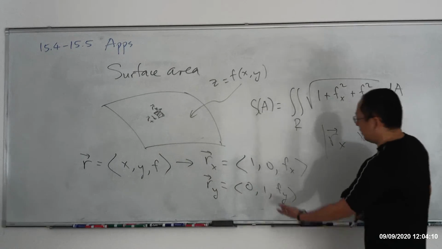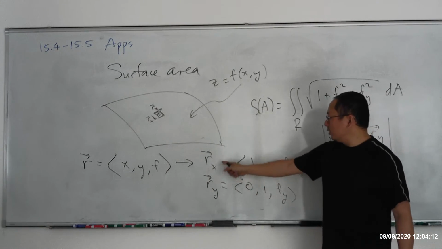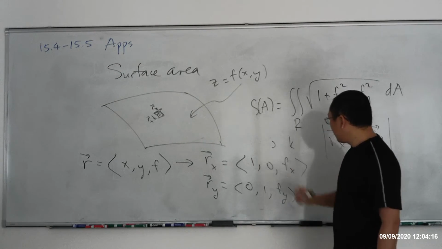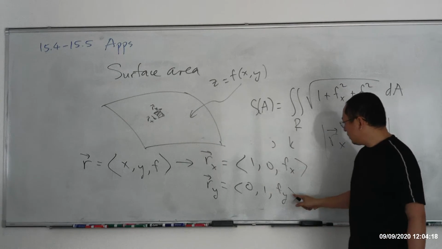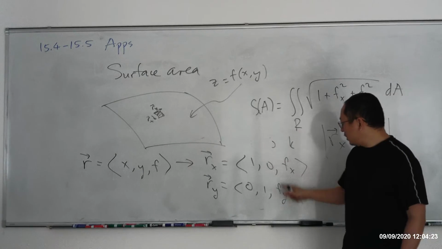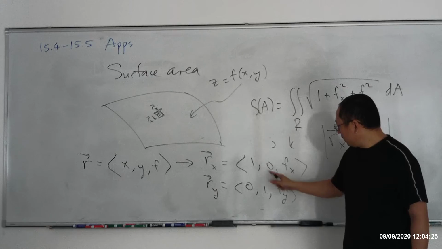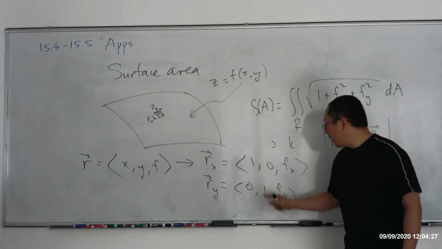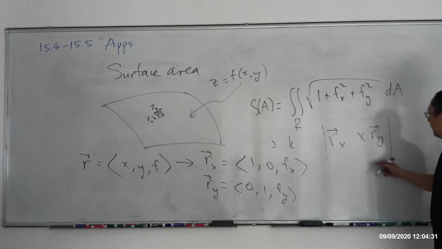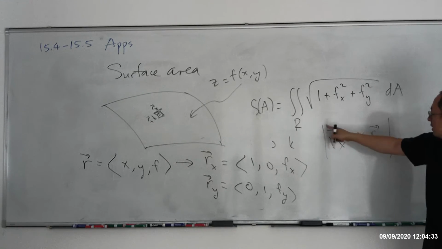Okay. So what we're going to do right here, we do the cross product too. So what? i, j, k. You cross this, right? For the i term is what? 0, fx, right? And then for the j term is what? 1 here and 0, so it's negative fy, and then for the k term it's going to be 1. Then you have the square root because of the magnitude.